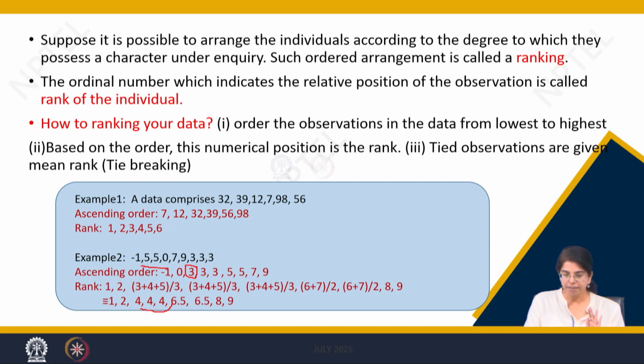For this 5, the counting again starts, and it will start at 6 and 7. So in these 2 cases, 6 plus 7 divided by 2 will be 6.5 and 6.5. For 7, the rank will be 8, because again we count right after the 5s, and after 8, 9. Clear? So this process is called the tie breaking process.